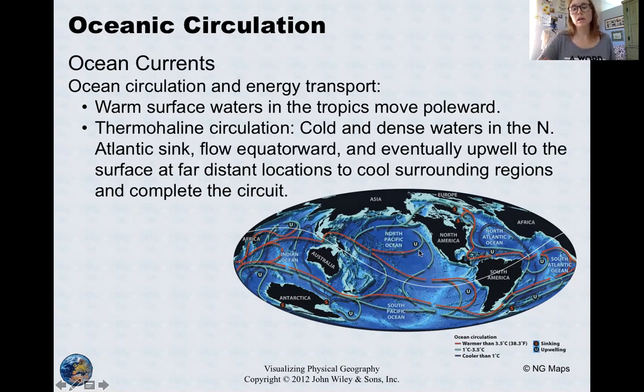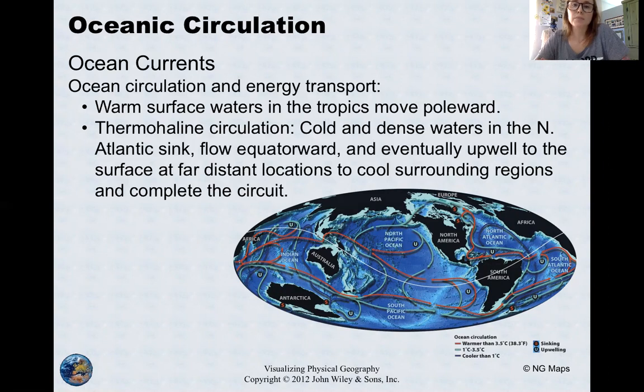And that means that as the water and the wind go along the equator, they get heated up. And if you're in the northern hemisphere, they curve along the east coast, whether it's Asia, North America, South America, or Australia.